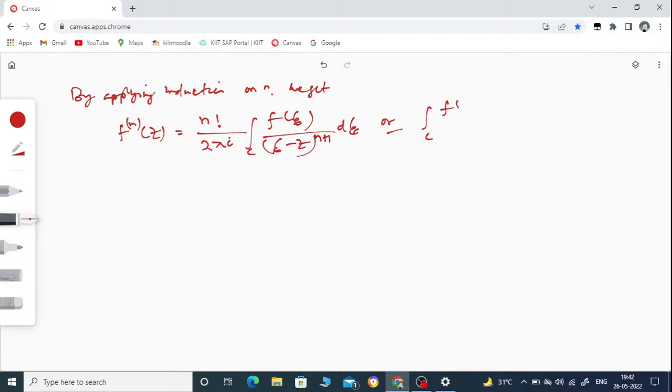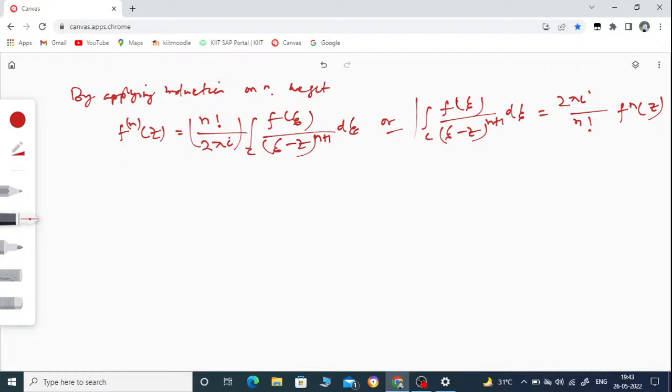In several problems, we will apply this formula. Integration over c of f of j divided by j minus z to the power n plus 1 dj will be 2 pi i divided by n factorial times the nth derivative of f at z.